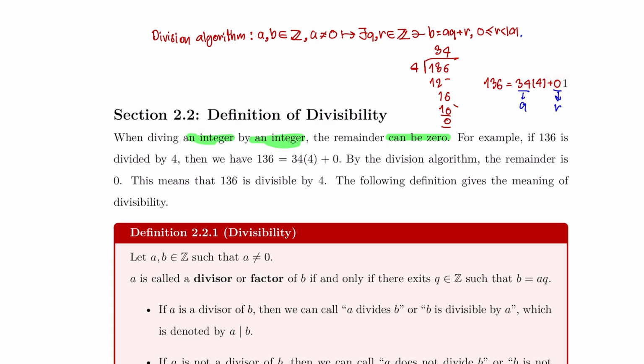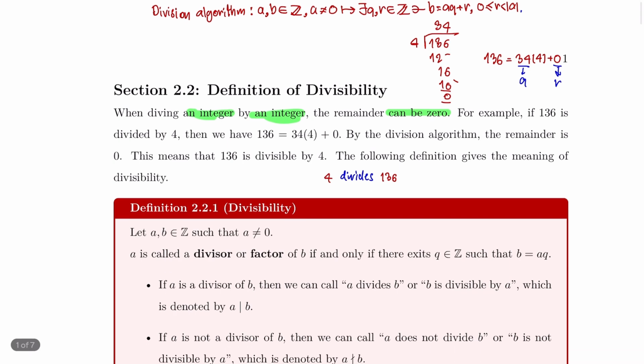So if we have something like this from the division algorithm, in the case where R is 0, that means that 4 divides 136, because the remainder is 0.